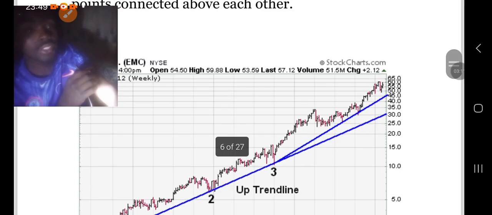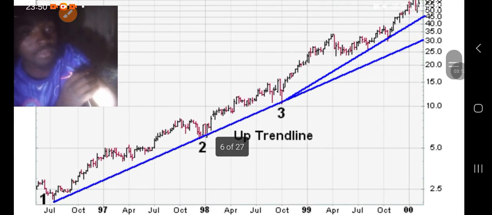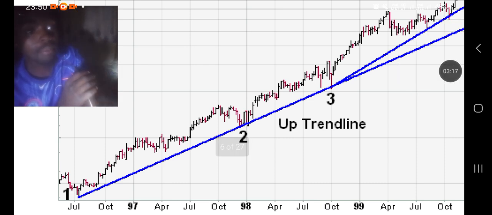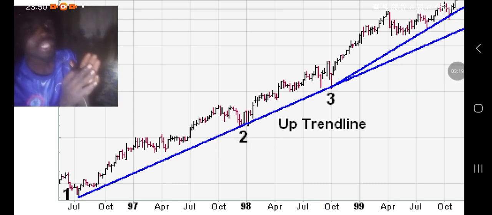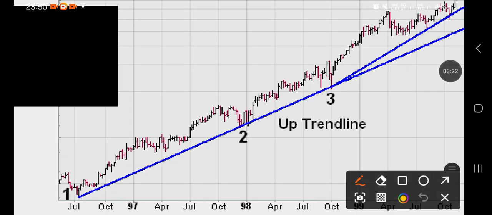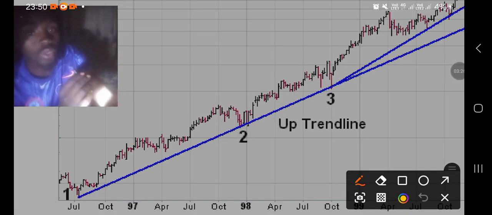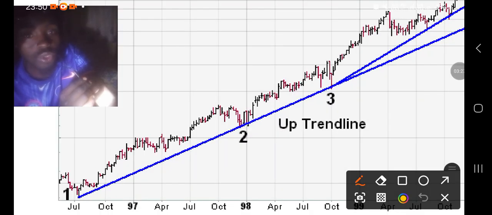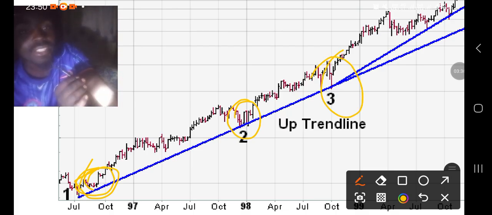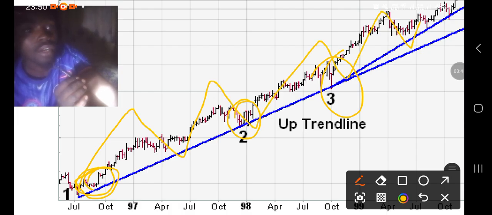So let's move on and show it. Let me zoom in so you see what we mean, guys. This is an example of an uptrend, showing that the market is moving up. This is the first point, the second point, the third point. The trend line is just showing that the market is moving like that.